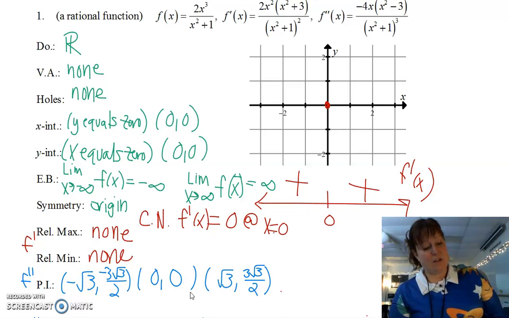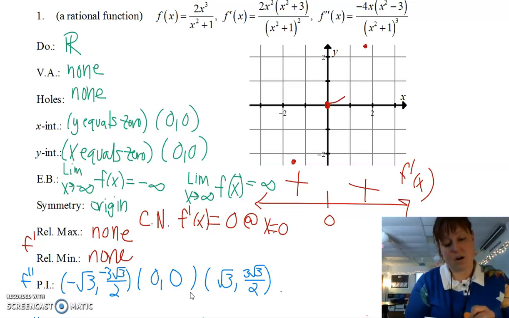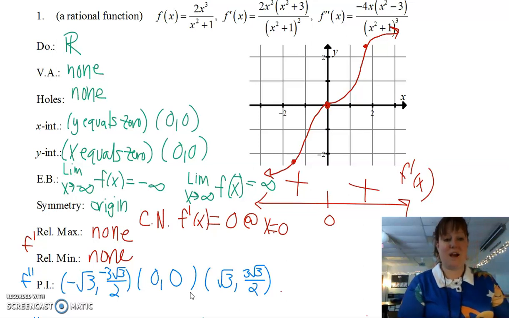We know that as it goes to infinity and negative infinity it goes up, up, and there's the bell. All right, so we have points of inflection here and here. So we know that it's concave up, concave down, concave up. So there you go. That's our sketch.